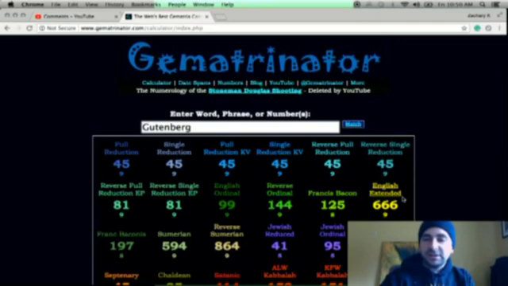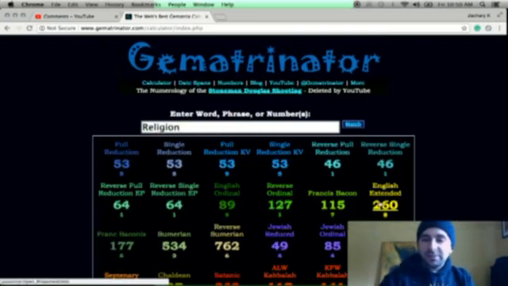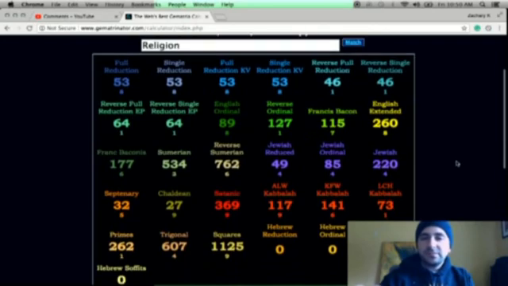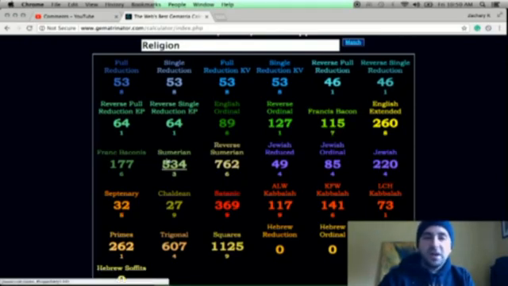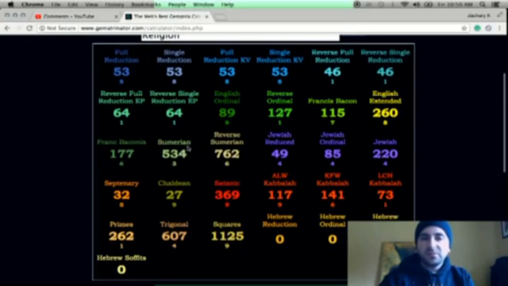Gutenberg equals 666, the name of the first printed Bibles. 666, this biblical number. Religion, 260. There's 260 chapters in the New Testament. And a million other things. If you study these ciphers, you can see where their relevance is and why things have been coded as they are and why these ciphers have been built as such.